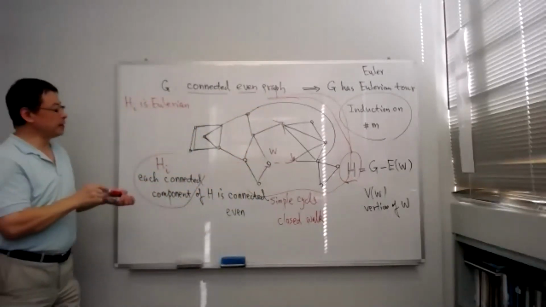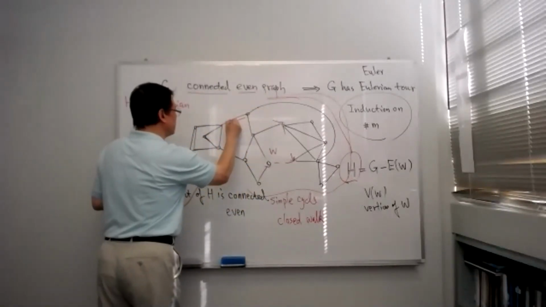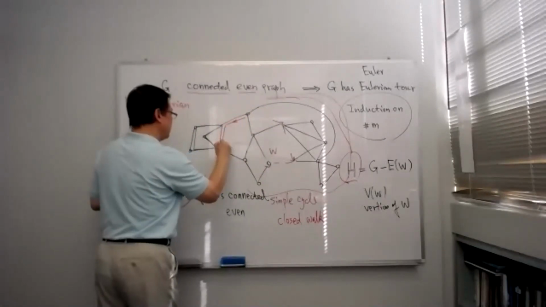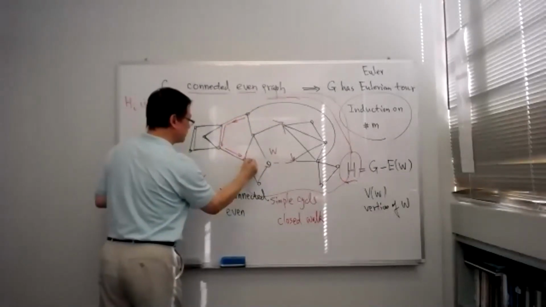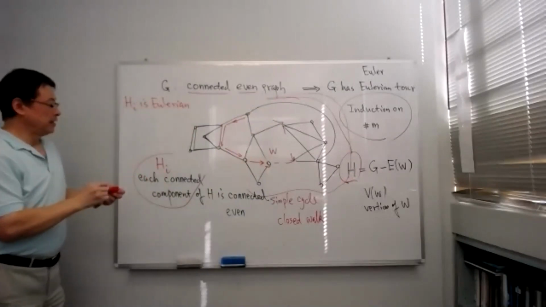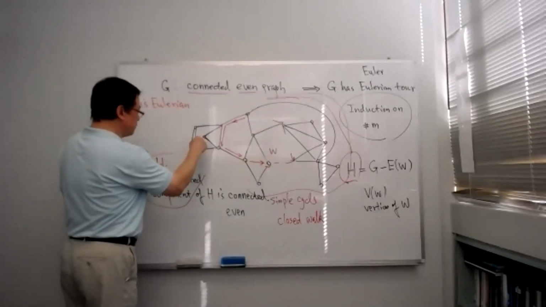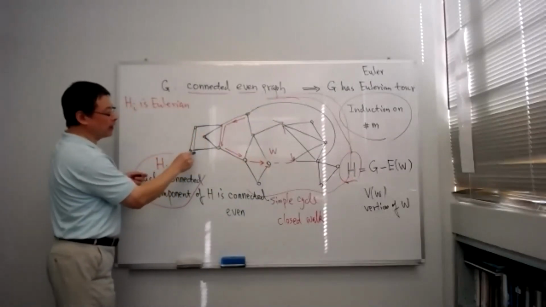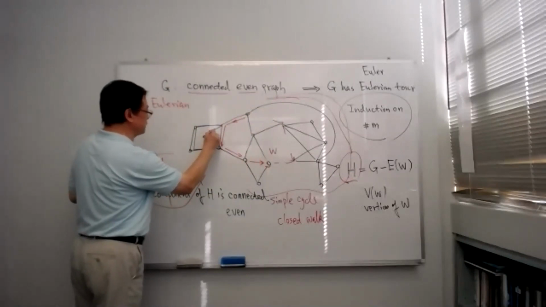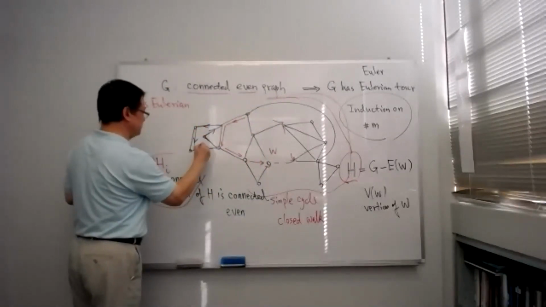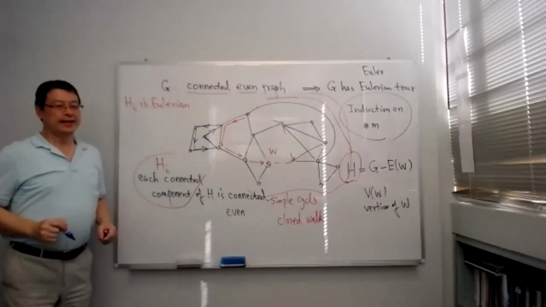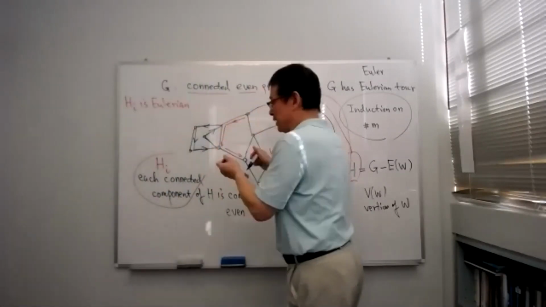In W, we come in, get out, and go out like this. Here, for this component, we have an Eulerian tour. So the blue one may go like this, go around. Now I will merge this one with this one.